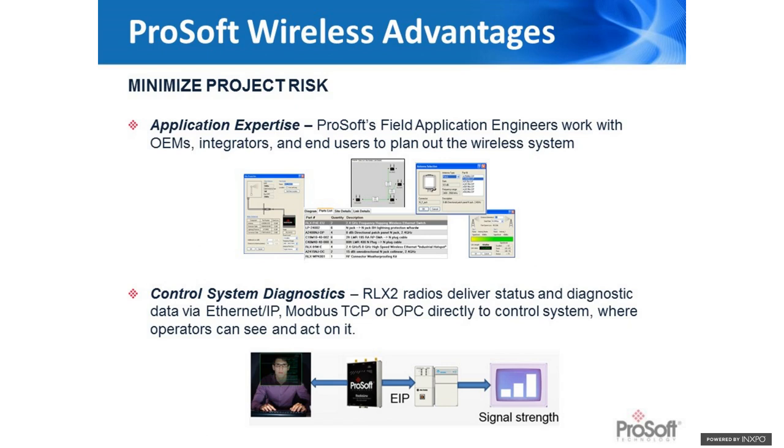At ProSoft, the most important thing that we bring to this project to address the risk is our application expertise. We have field application engineers throughout the U.S. and available around the world who work with OEMs in the material handling space, with integrators and with end users to really plan out the wireless system, make sure that we have the right solution given the unique RF environment that each one of these systems gets deployed in.